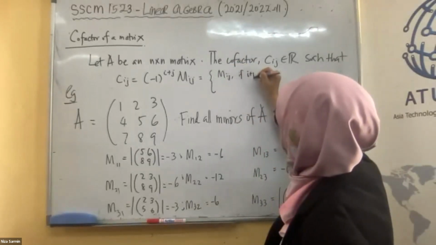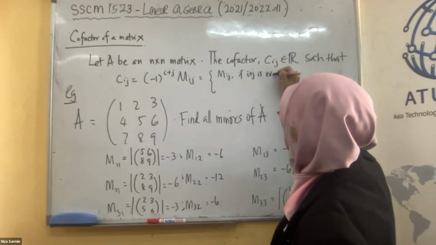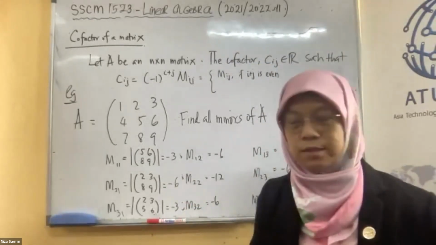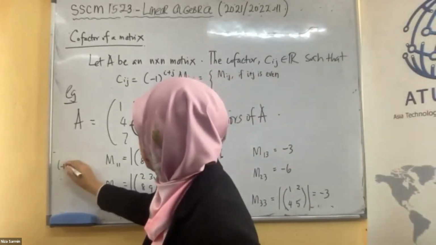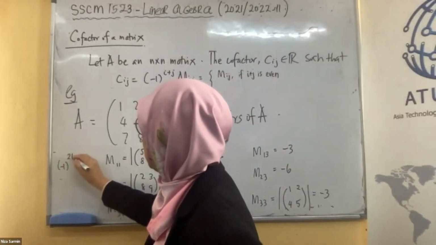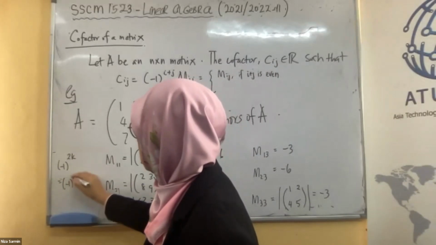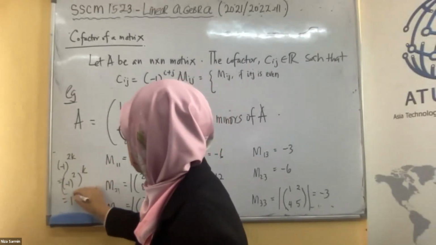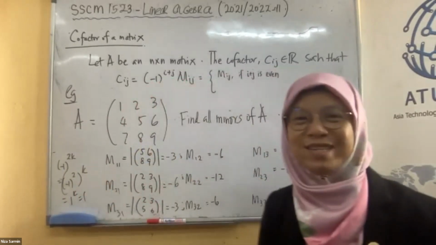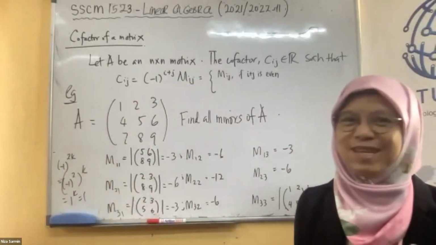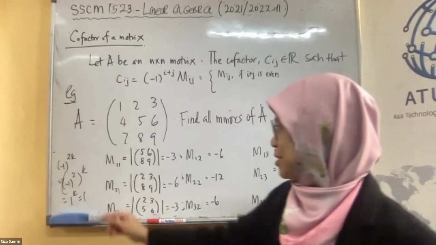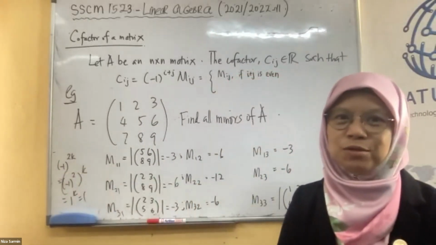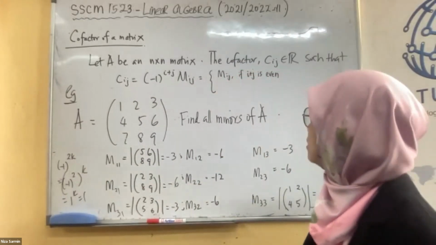if i plus j is even, right? -1 to an even number, 2k like this, that is a proof actually why -1 to even is 1, because you take the 2, you become 1, so it's 1.